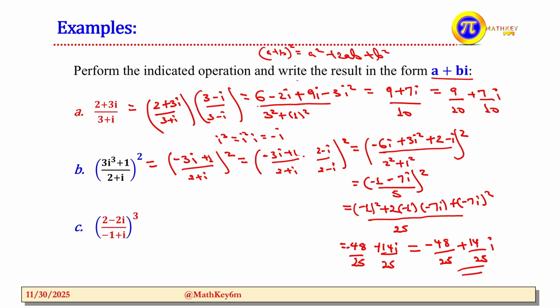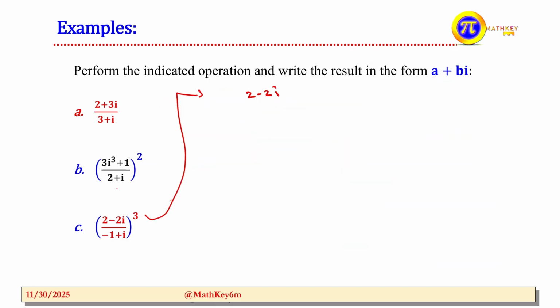So we can do different problems or simplify different complex numbers in the form of a plus ib like this. In case of the last, that is (2 minus 2i) to the power of 3 over (minus 1 plus i) to the power of 3. This equals (2 minus 2i) over (minus 1 plus i), the whole cubed.